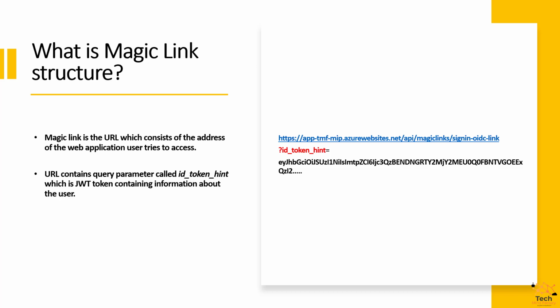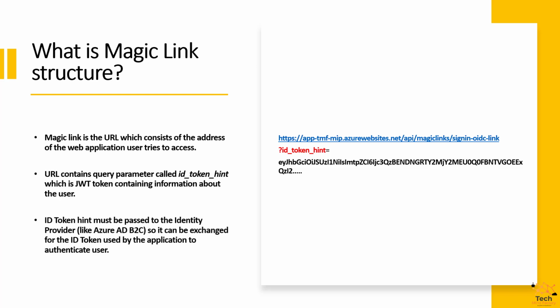So every time we are signing in with magic links, there is this ID token hint embedded with the information about the user. The ID token hint must be passed to the identity provider, like Azure AD B2C in this case, so it can be exchanged for the ID token used by the application to authenticate the user. So in this specific scenario, as we can see on the right side, there is the URL of our application with a specific endpoint, and we have this query parameter, which is the ID token hint.